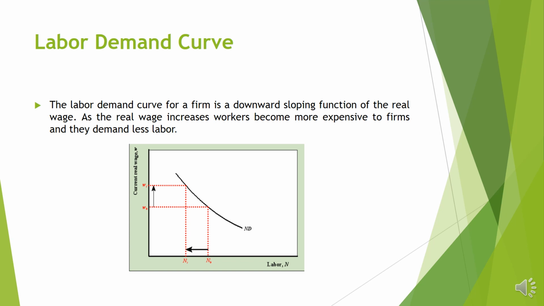The labor demand curve for a firm is a downward sloping function of the real wage. As the real wage increases, workers become more expensive to firms and they demand less labor. Look at the labor demand curve and the downward slope.